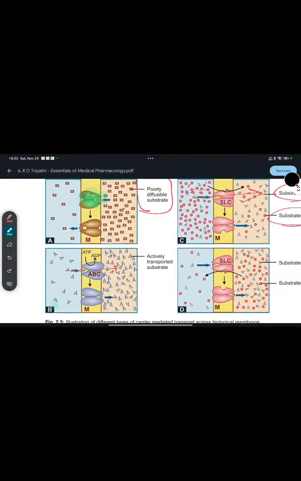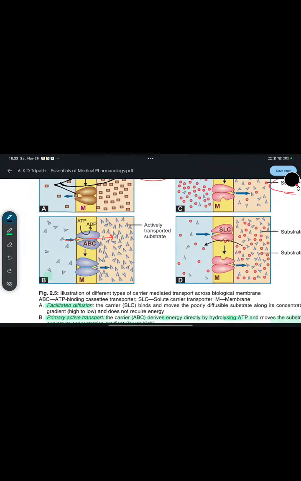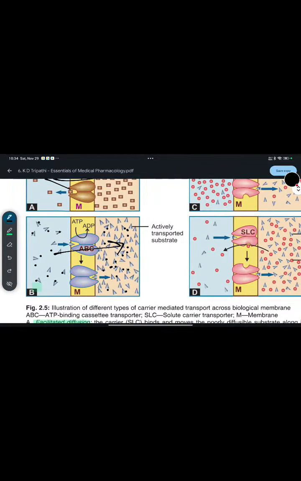So earlier what was happening? The substances were moving from high concentration to low concentration. But in case of B, the substances are moving from low concentration to high concentration. See, there are 1, 2, 3, 4, 5, 6, 7, 8, 9, 10 substances only, and here almost 25 to 30 substances are present. But still, substances are moving opposite to the concentration gradient.